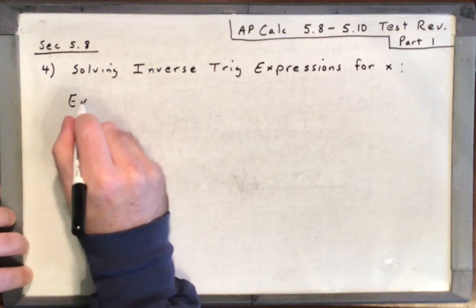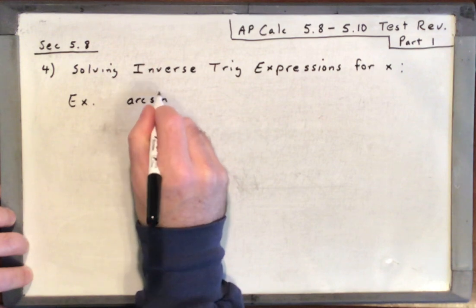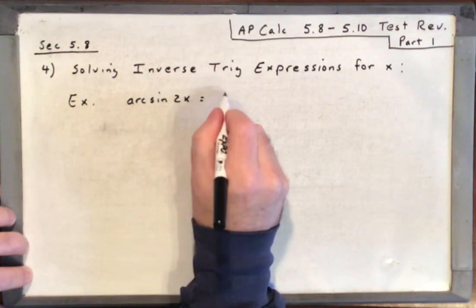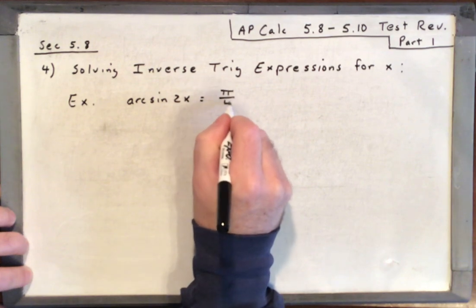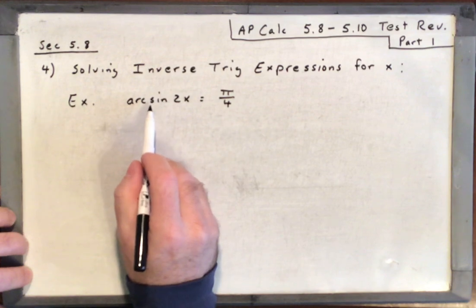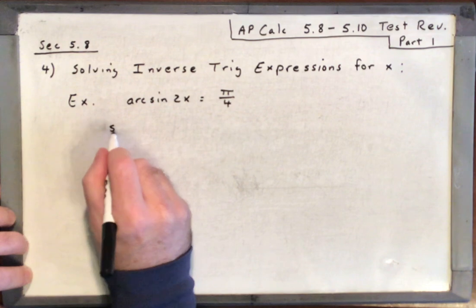All right, our example for this is arc sine 2x is equal to pi over 4. So we don't like that arc sine sitting in there at all. So what we want to do is get rid of it by taking the sine of both sides.